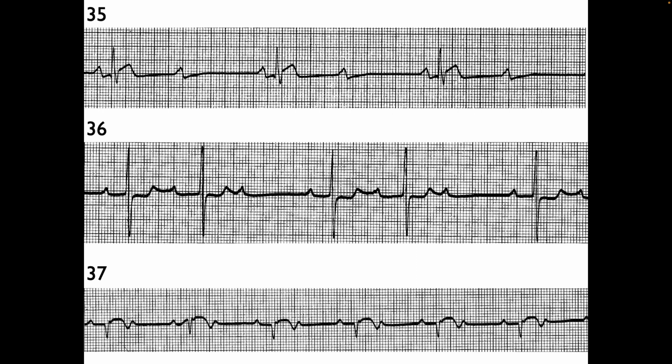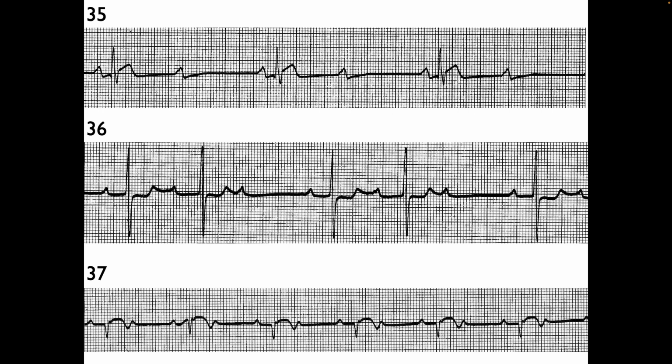What are they? Third degree, and second degree type 1. So if you have varying PR intervals, it can't be a second degree type 2, and it can't be a first degree, so it's got to be either third degree or second degree type 1, because the PR intervals vary.